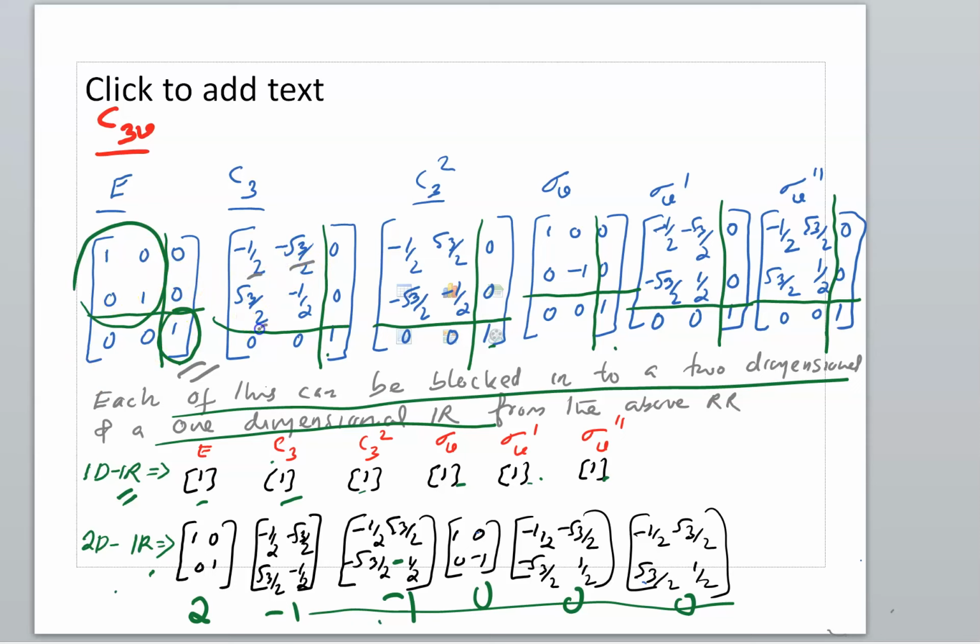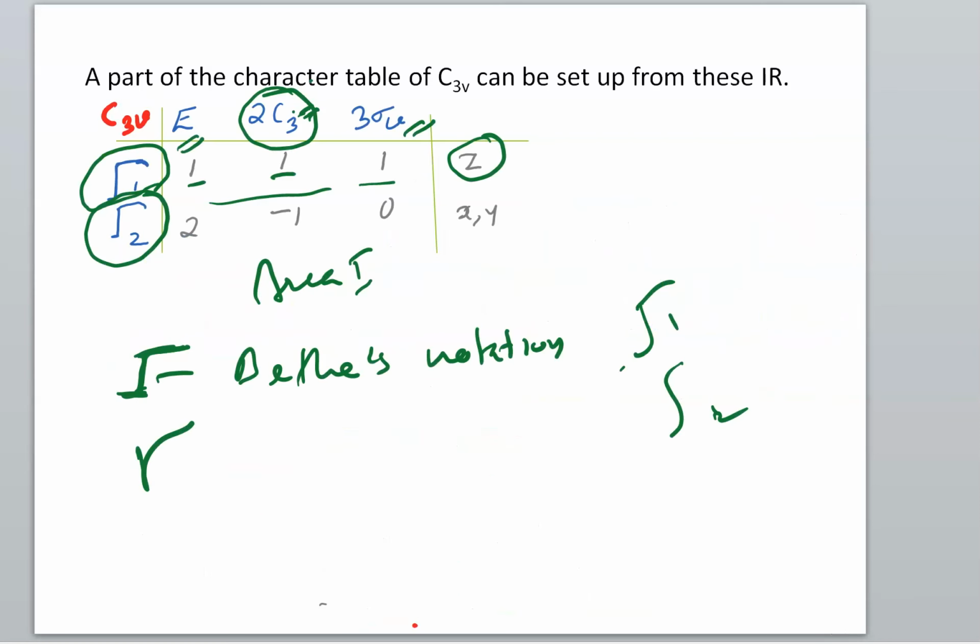X and Y are mixed together. Therefore, the basis for this second, two-dimensional IR is X and Y. Are you clear? That is about the symbol form of the character table. More things about the character table we will discuss later. How we can construct the character table systematically will be discussed after studying the great orthogonality theorem.